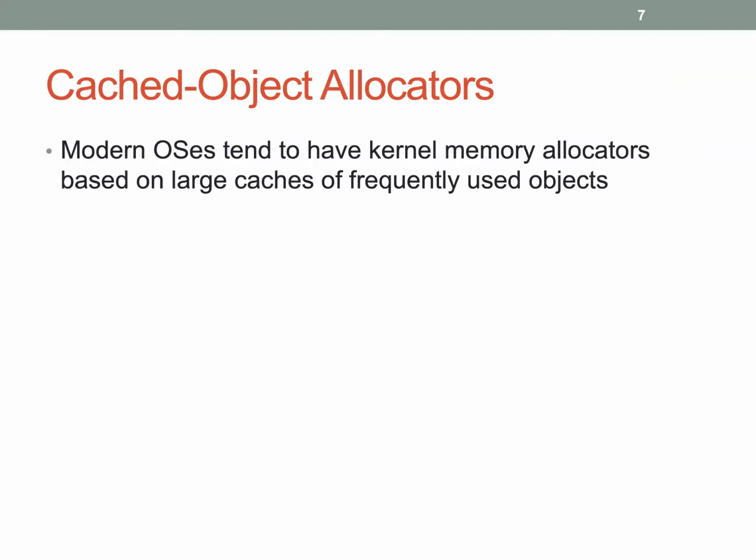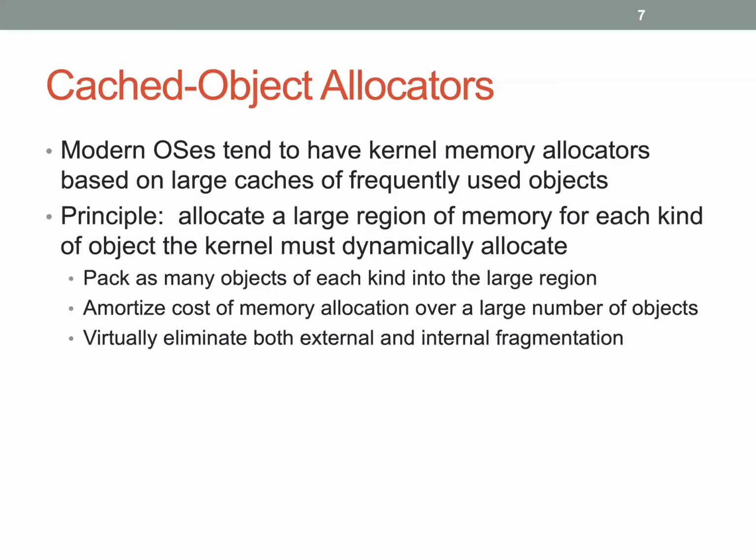You've got synchronization primitives and the structures for those. You've got small buffers that you might use for the keyboard or other devices. So you tend to not have a huge number of arbitrarily sized types that you manage inside of a kernel. And because of that, we can just say, we're going to set aside this giant chunk of memory for this kind of object. And any allocation of that kind of object comes from a specific region of memory.